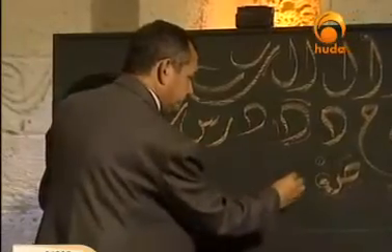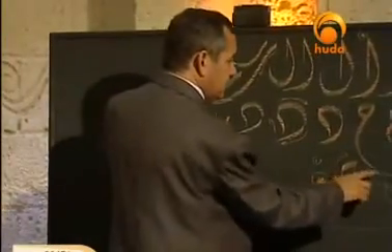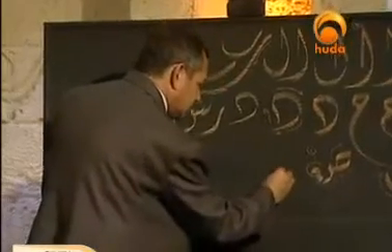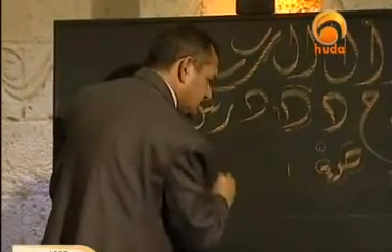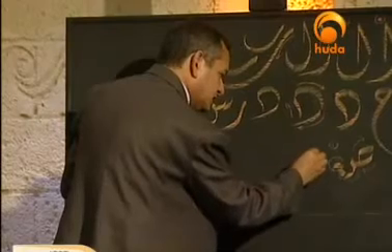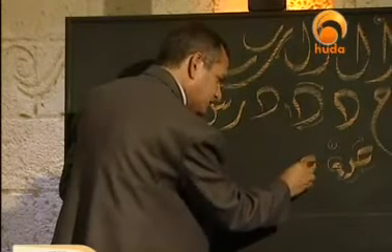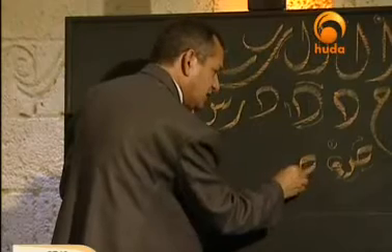Ta letter, we are going to do the same shape of sad or dad, like this. Thin, from down to up, and right. The curve, nice curve, very, very smooth curve, and simple curve also, and stop.